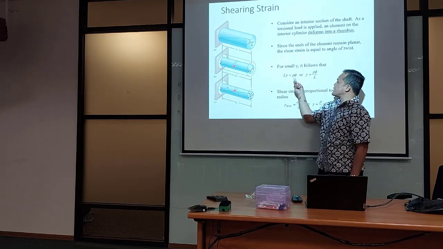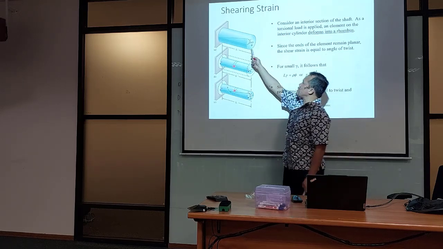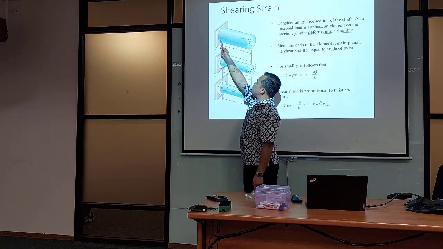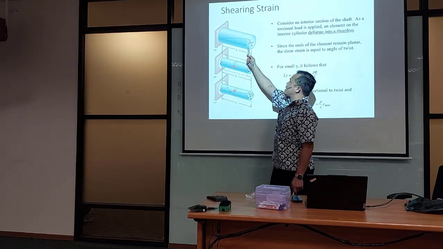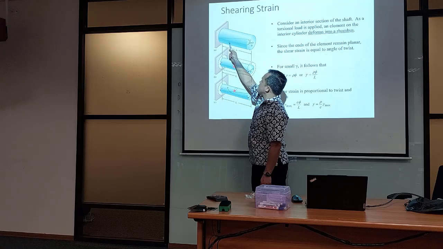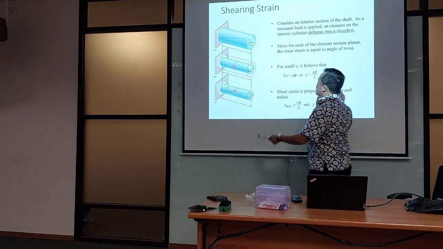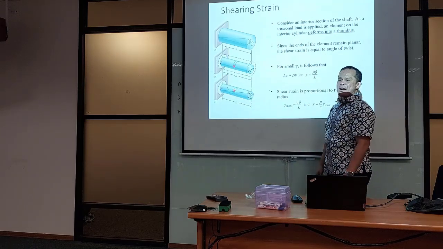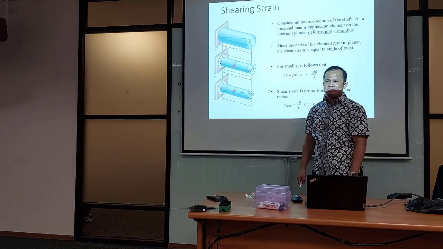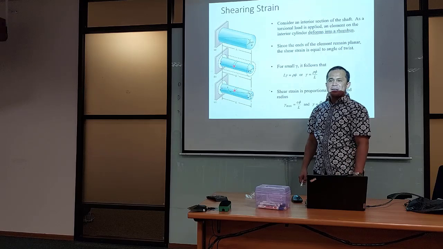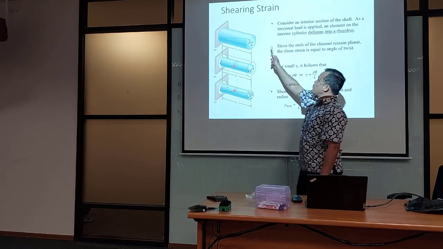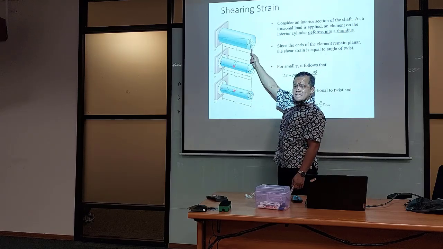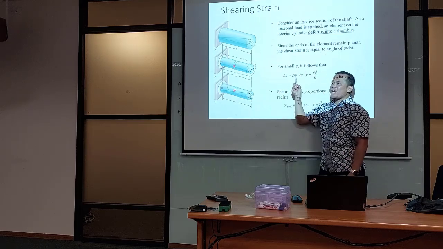So this is also similar. If you use the L as the radius times the angle over here, we call that angle gamma. Follow me? If you're talking from the axis, that's the angle of twist.